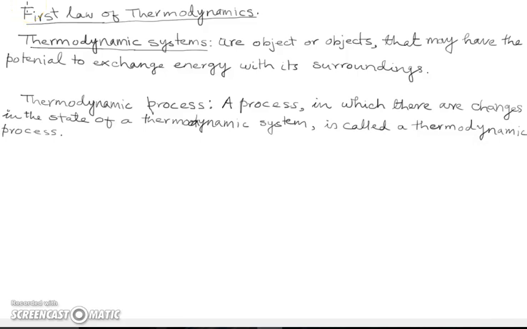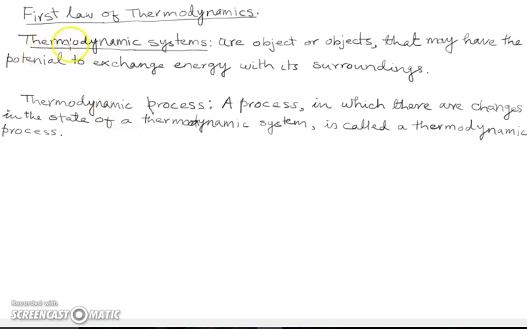Hello again. Now in this lecture, we will talk about the first law of thermodynamics. So before we reach the first law of thermodynamics, let's talk about a few definitions, key terminologies.